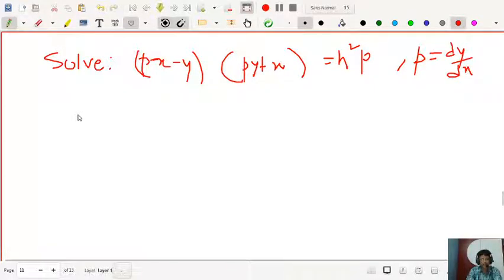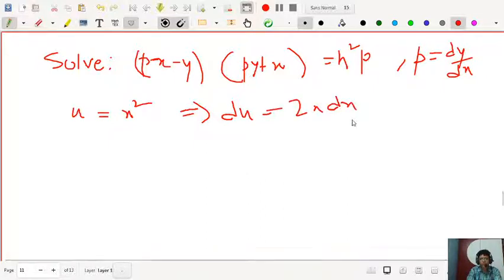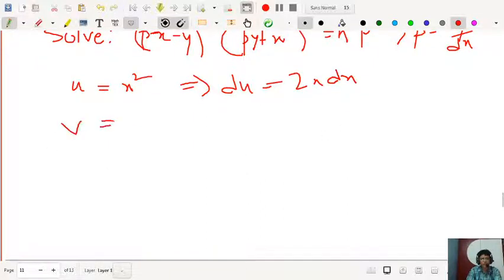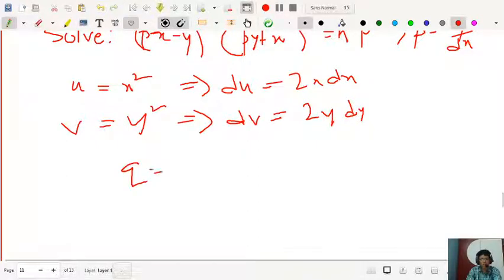And your substitution is given here, u equal to x square. So that implies du equal to 2x dx, okay, and v equal to y square. So here dv equal to 2y dy, okay. Now q is equivalent to dv du, right?